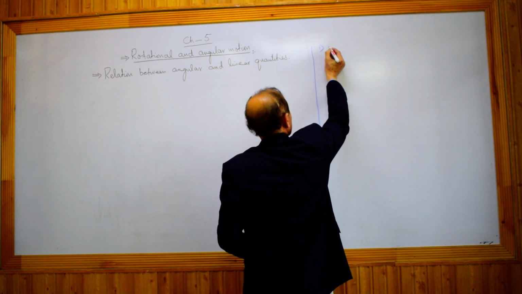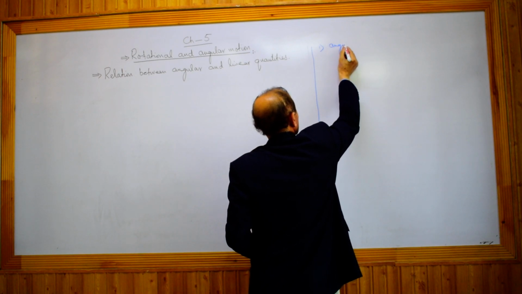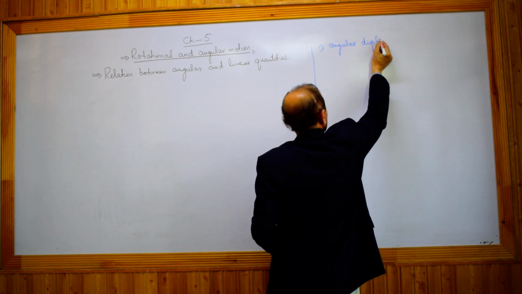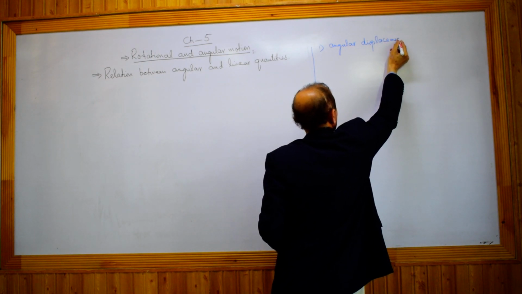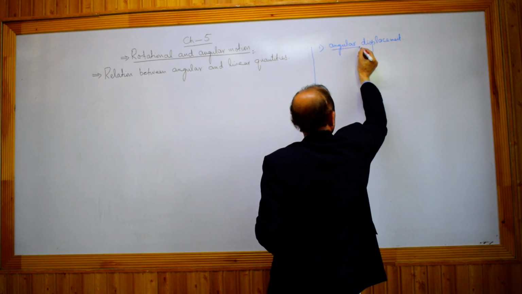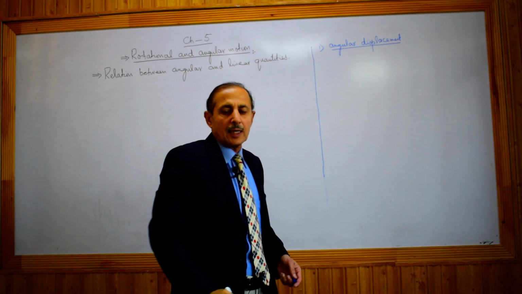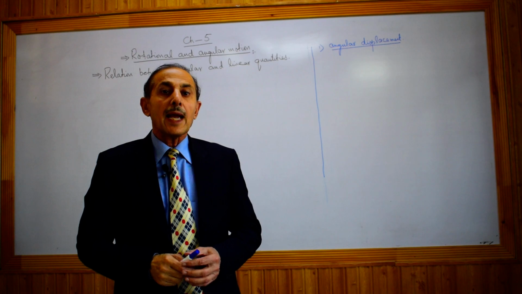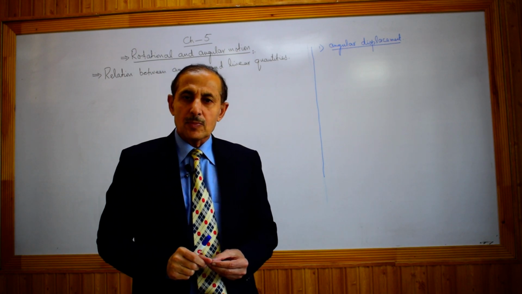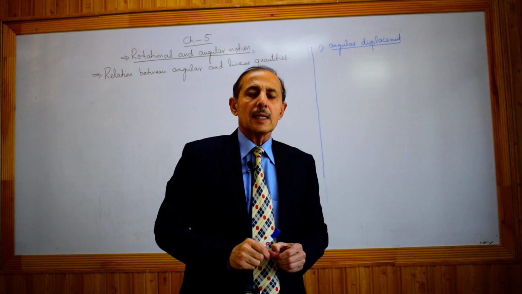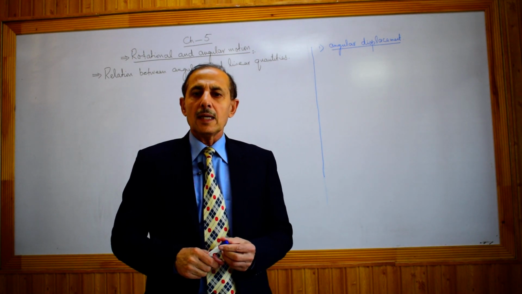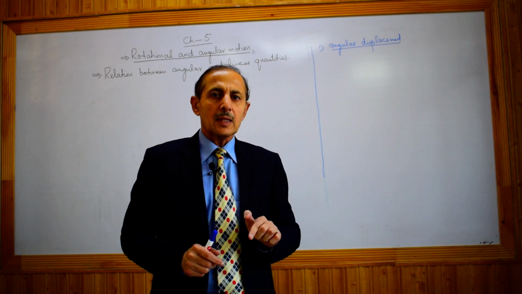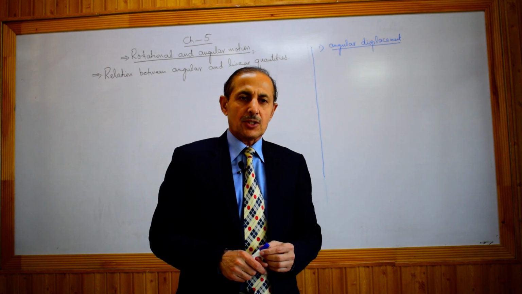So number one, angular displacement is the angle subtended at the center of the circle by an arc when a body is moving along a circular path from one point to another point.